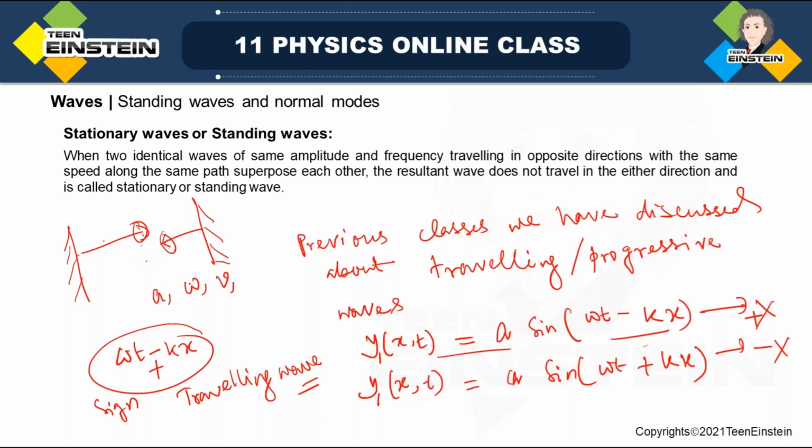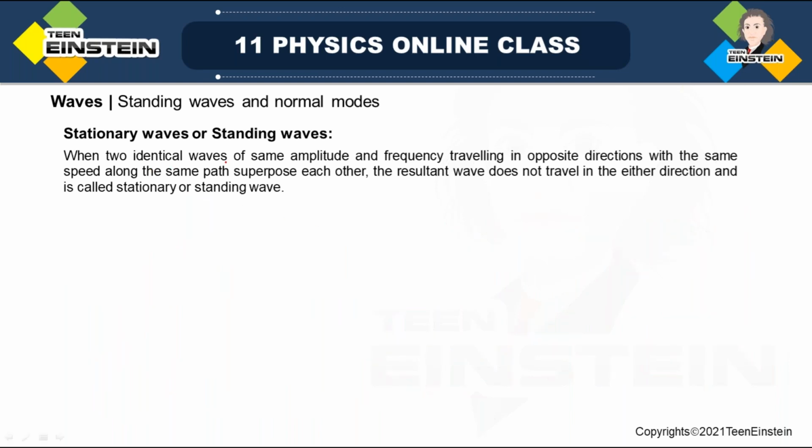Let us see the definition. When two identical waves of the same amplitude and same frequency, traveling in opposite directions with the same speed along the same path, superpose each other, the resultant wave does not travel in either direction and is called a stationary or standing wave. I hope the definition is clear.